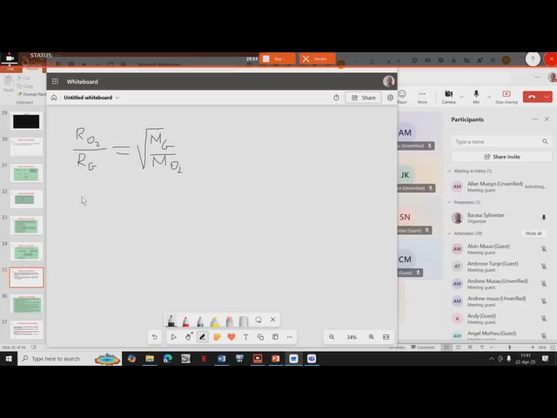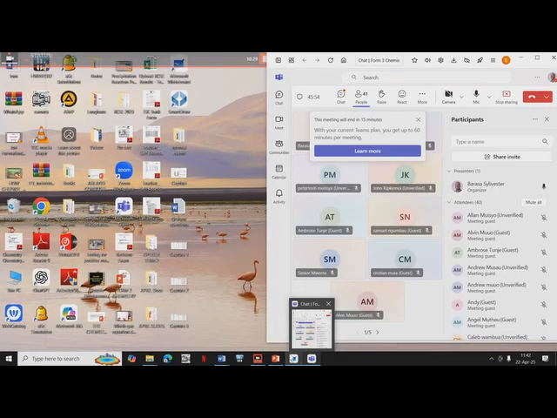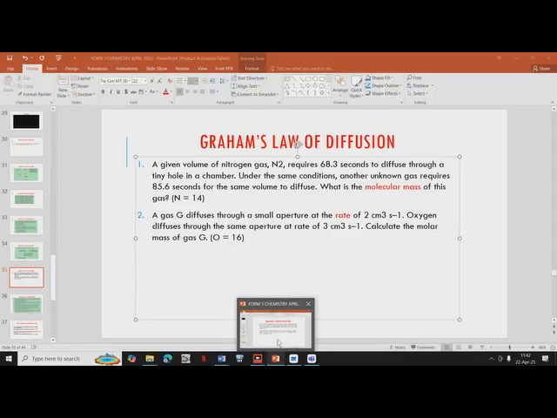So I'm going to put 3 as my numerator, because it is the rate for oxygen gas. So 3 divided by 2 is equal to the square root of the molecular mass of G, which I do not know, divided by the molecular mass of oxygen gas, which is written as O2.